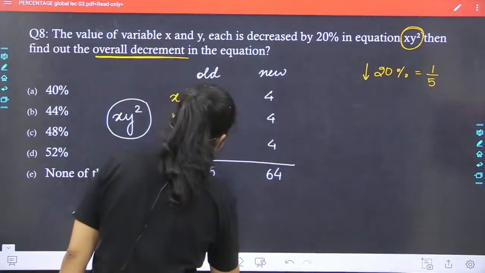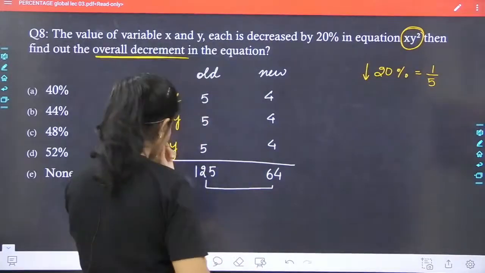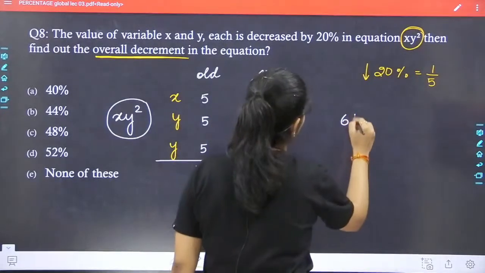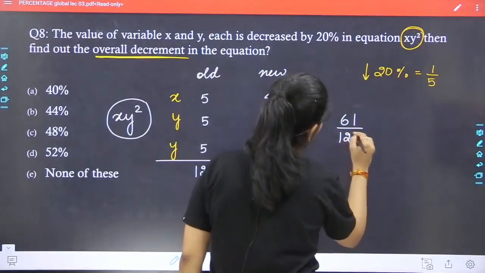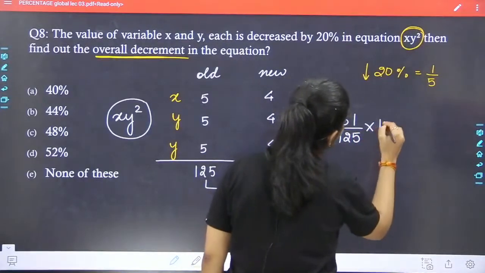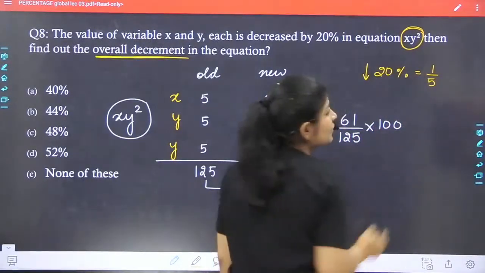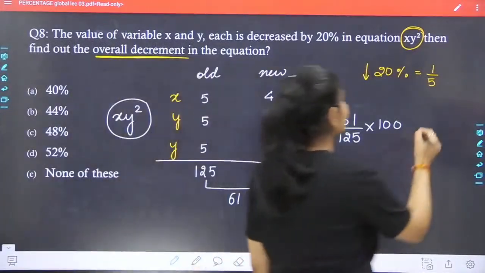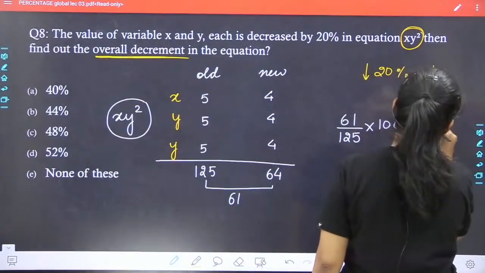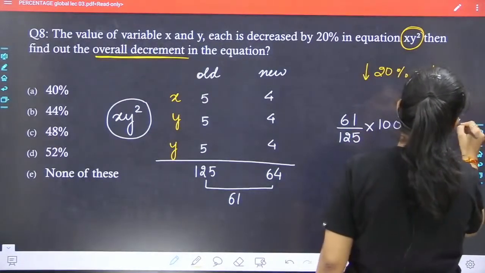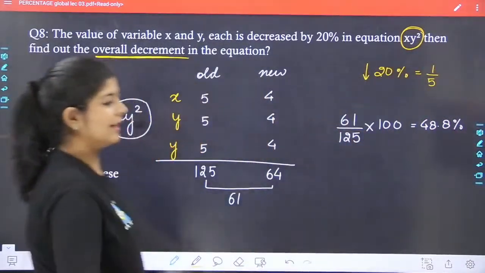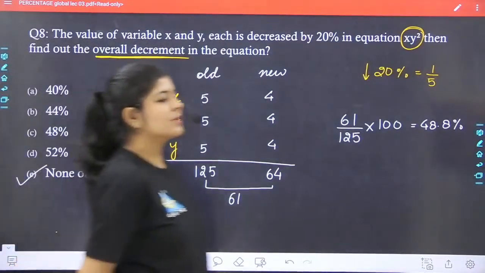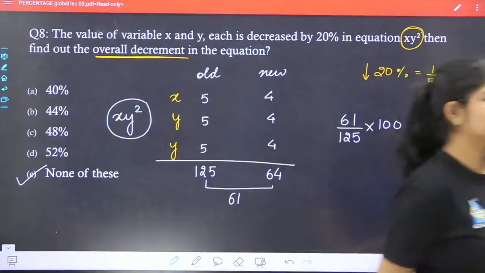There's a difference of 61. 61 over 125, and we have to multiply it by 100 to calculate the answer, and the correct answer of this is 48.8%. That means option number E is correct.